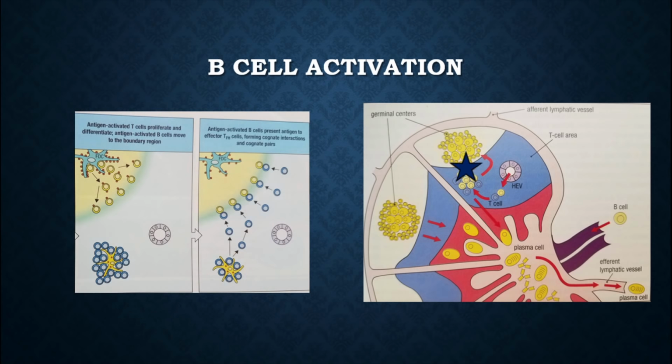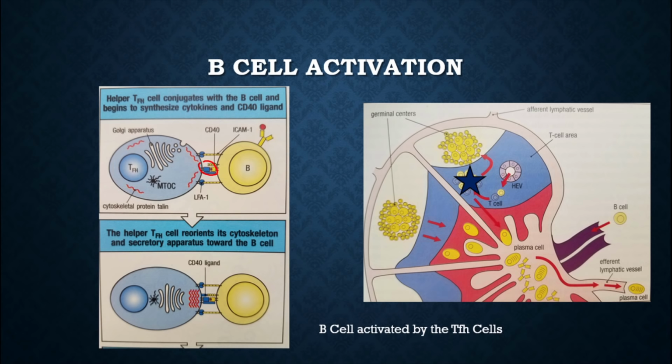Okay. So we have a cognate pair. That cognate pair is composed of a T cell that recognizes one of the many peptides that a B cell is presenting. Okay? At that point, the interaction between CD40 and CD40 ligand causes the B cell to re-express the CXCL13 receptor. So that's CCR5.